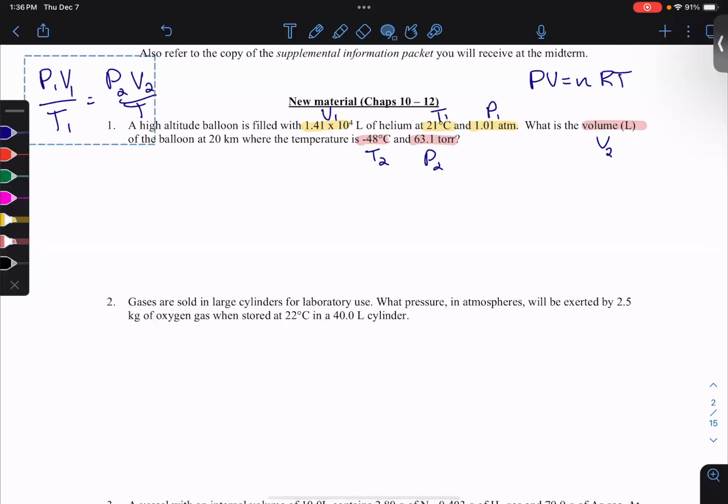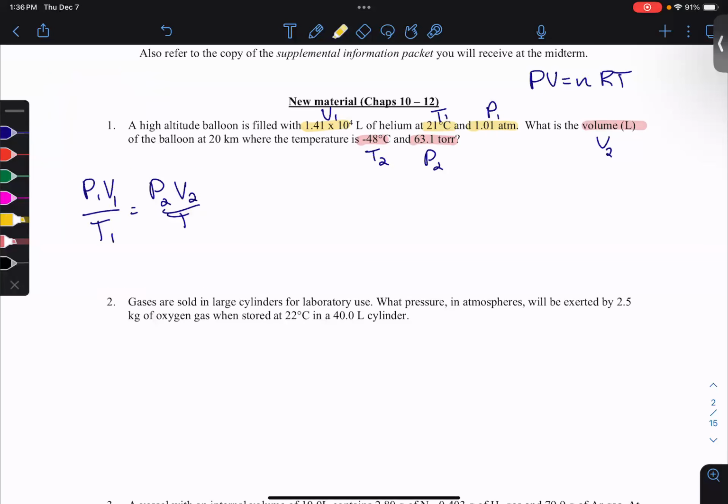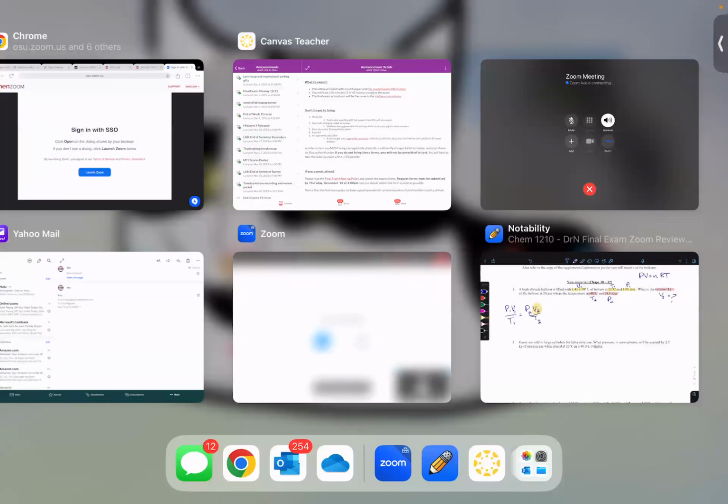Yeah, so we're going to use the combined gas law. The variable that we're solving for here is V2, because that's what the question is asking. What's the new volume once we put it into these new conditions? Does the supplemental information give you pressure conversions?